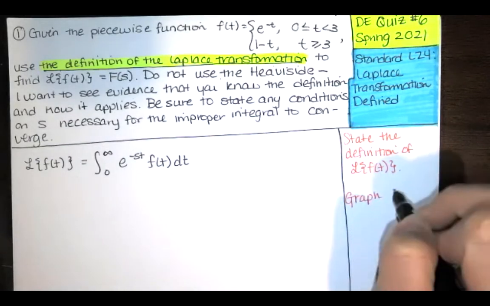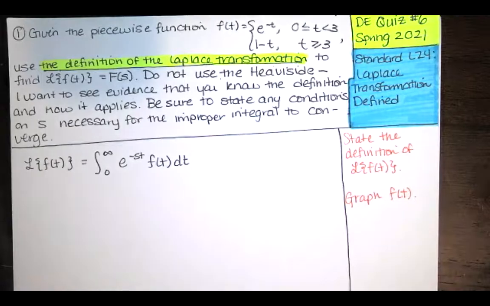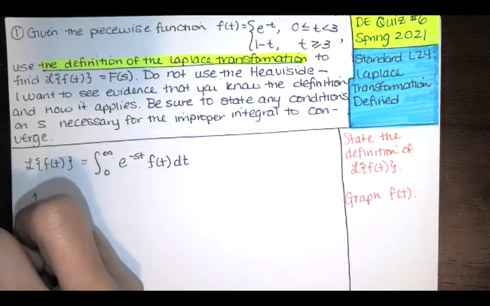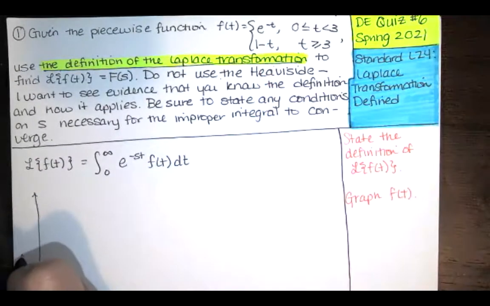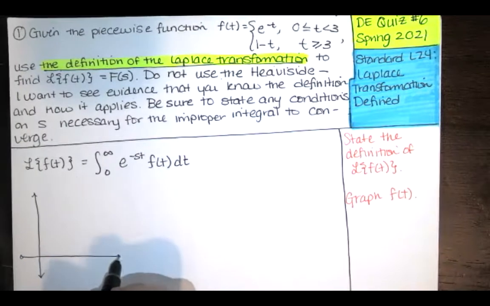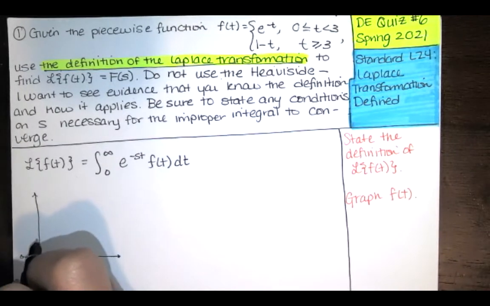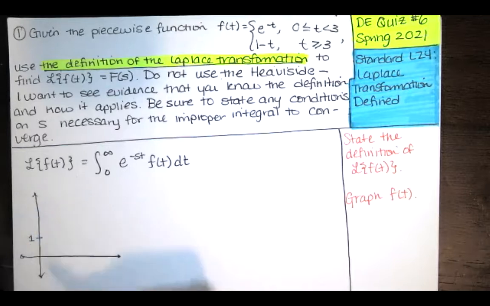This is optional. Now f of t is e to the negative t, so that's a decaying exponential function on the interval from 0 to 3. So at t equals 0, we'll have e to the opposite of 0, which is just e to the 0, which is 1.